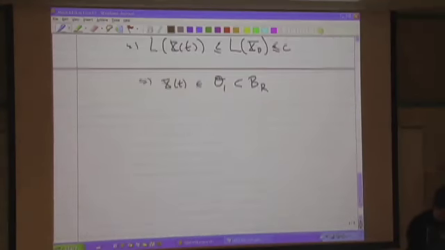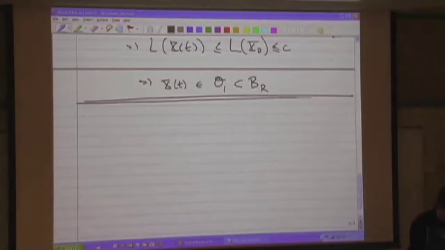What about asymptotic stability? That's the Lyapunov asymptotic stability.